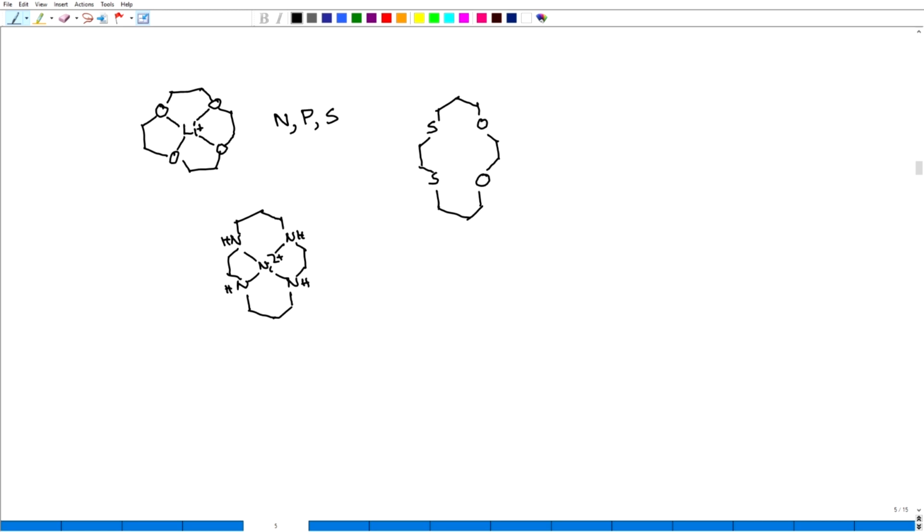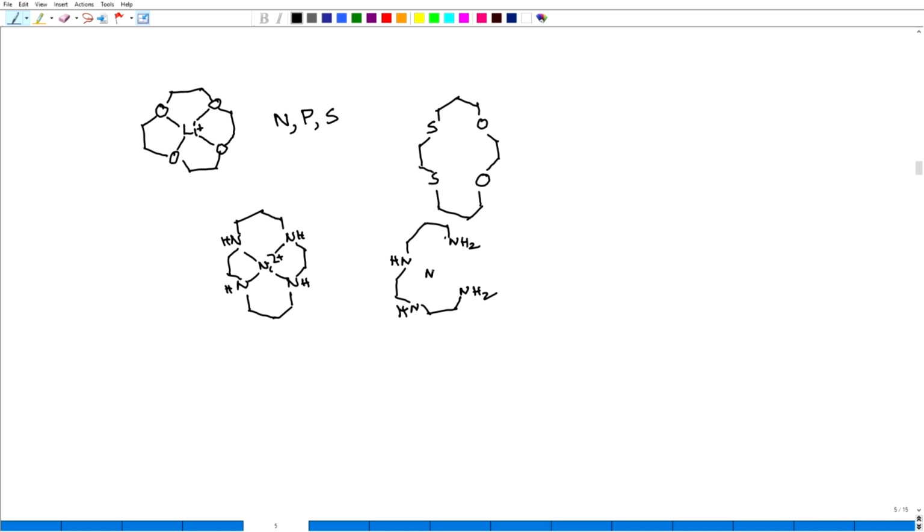Now, compare this to a compound like this, with NH2 groups. This is an open chain.